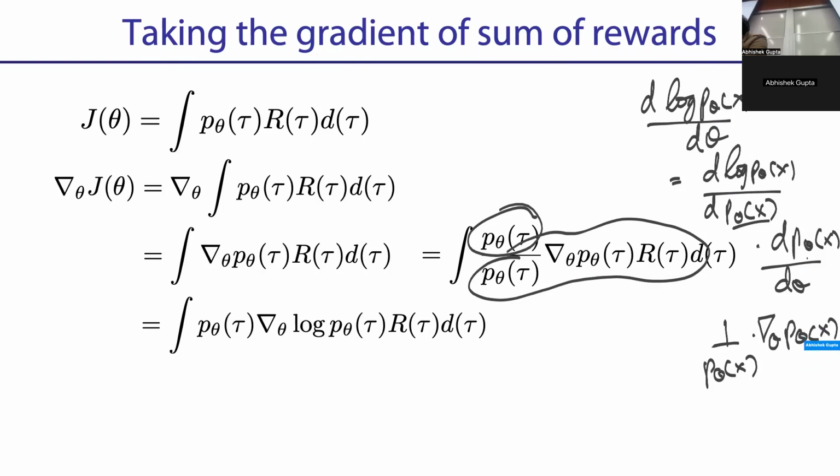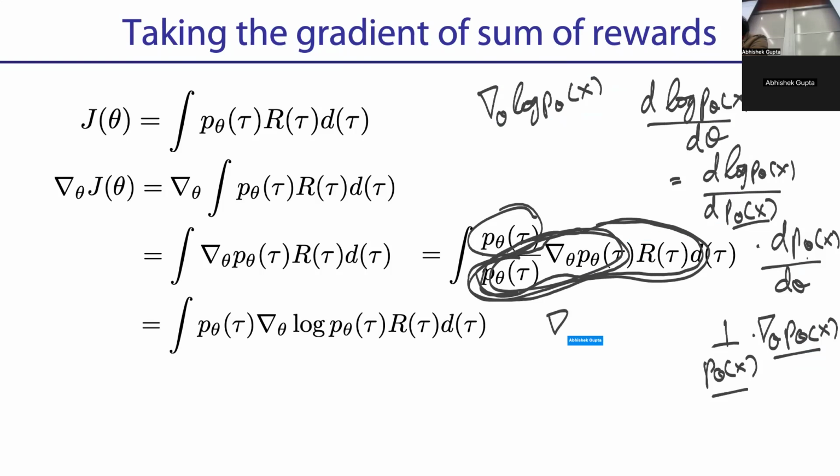So you can see that what you'd often call the grad log p of x is essentially grad px divided by px. If I look at this expression over here, these two terms, grad theta p theta tau divided by p theta tau, are exactly the same as this chain rule that we worked out.